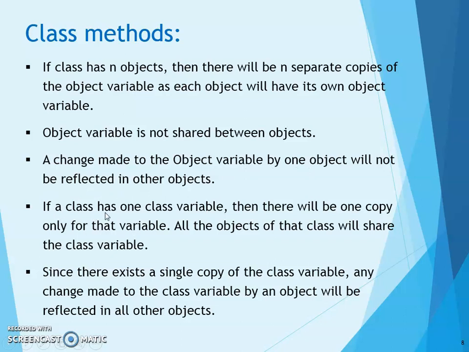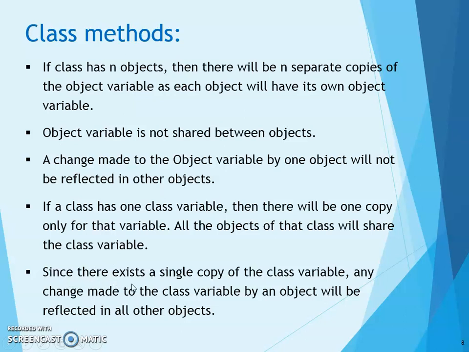Now, if a class has one class variable, then there will be one copy only for that variable. That is, all the objects of that class will share the class variable. So class variables will be shared by all the objects, but the object variables will not be shared by the other objects.